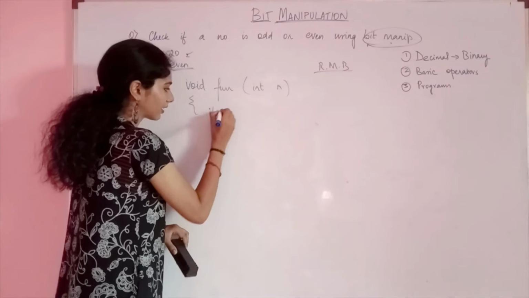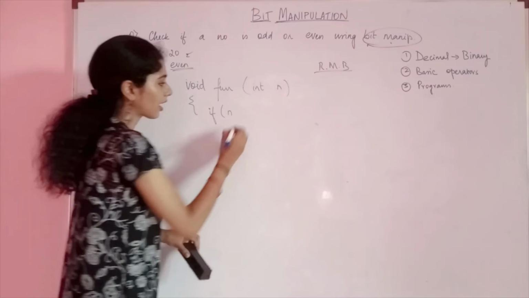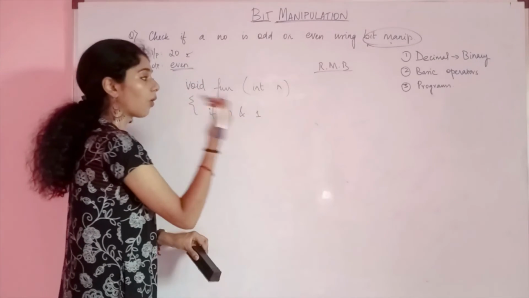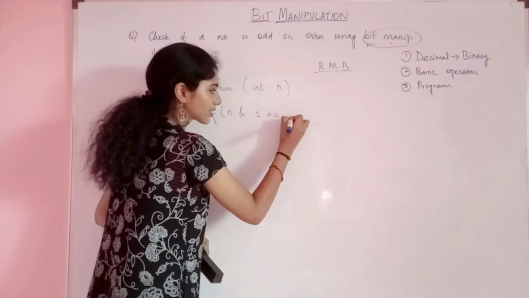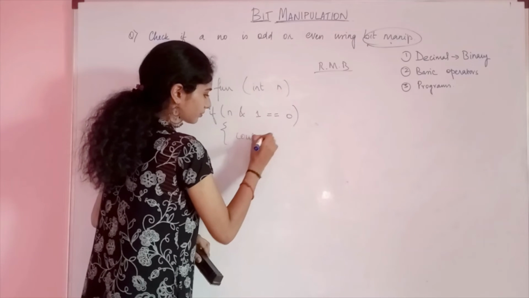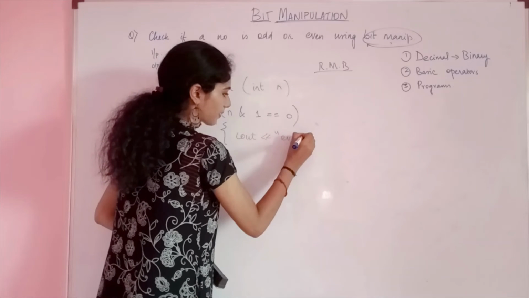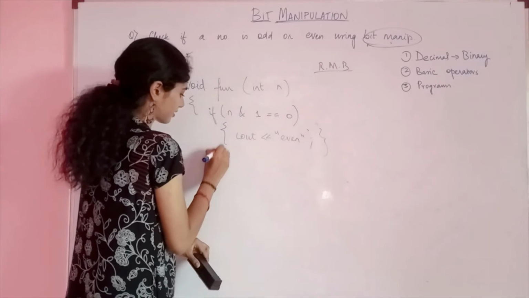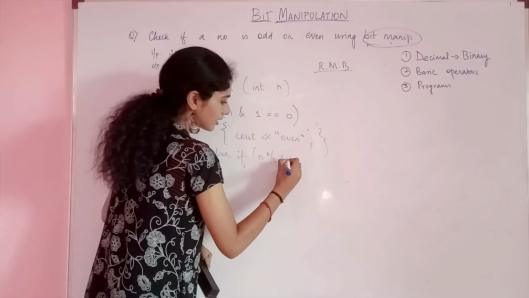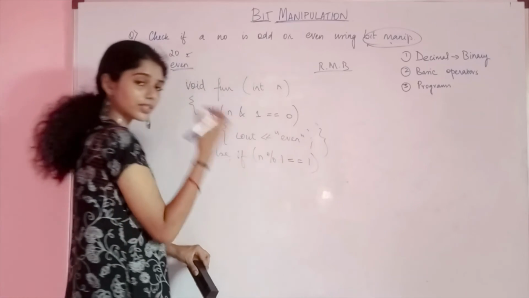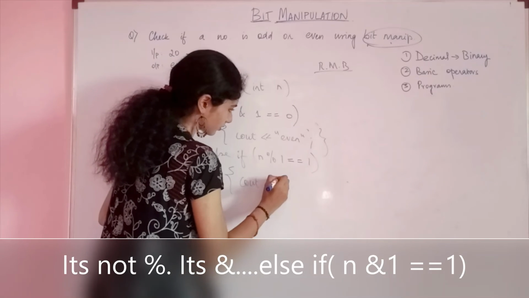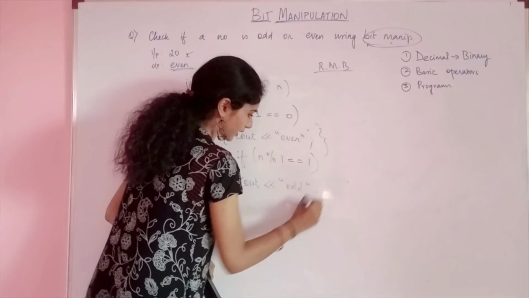If n AND 1 gives me the rightmost bit, and it is 0, then it simply means it's even. Else, if n AND 1 is equal to 1, then it simply means it's odd. That's simple, right?